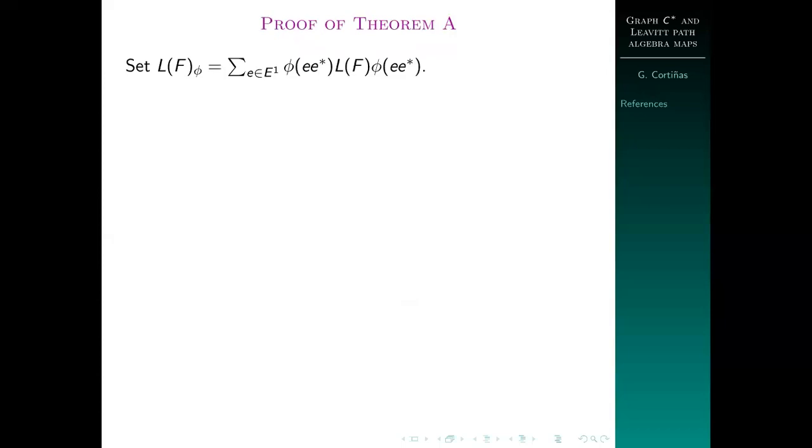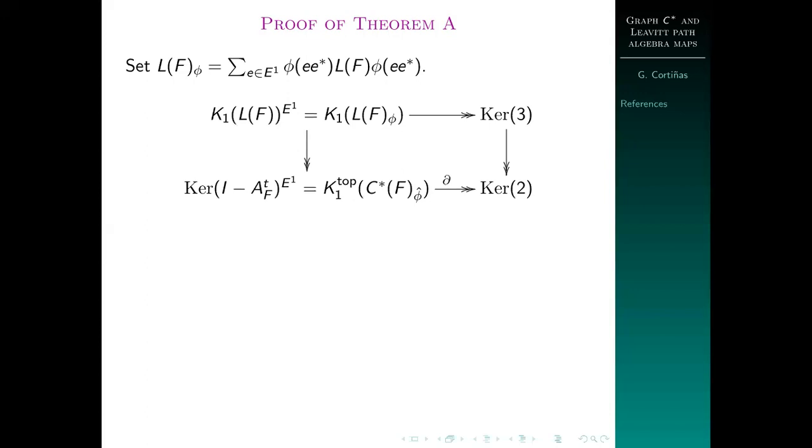Okay, so we already have chosen a phi. Okay, so we take LF phi to be that sum, you can also define similarly C star F sub phi hat. And this LF phi is a direct sum of algebras, each of which is Morita equivalent to LF. So its K1 is the sum of copies of K1 of LF, as many as there are summands, and these are the number of edges.